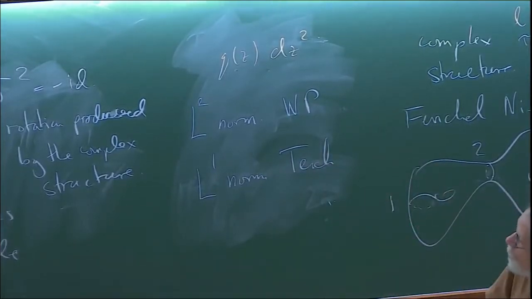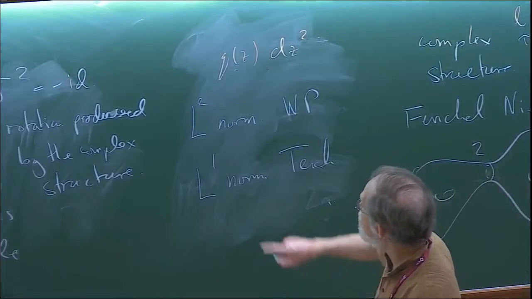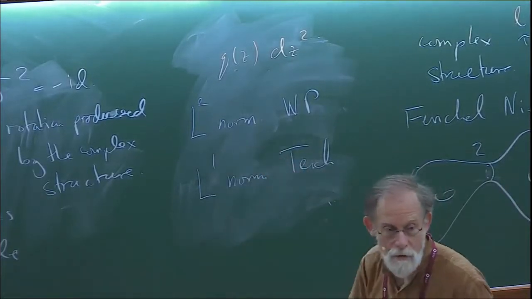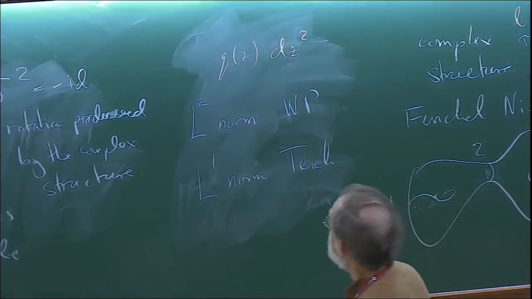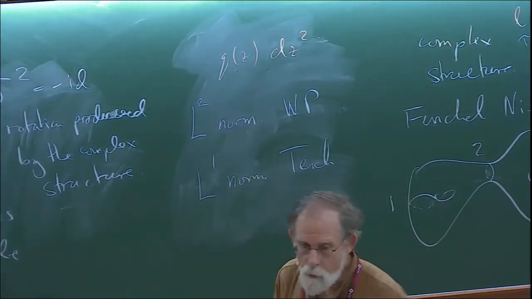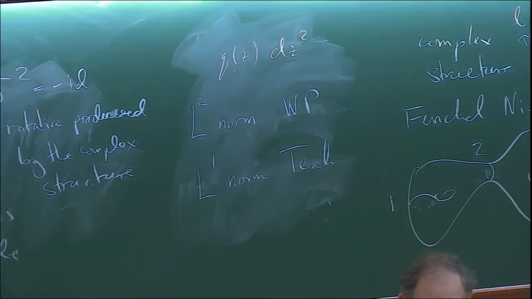And then if you switch over to thinking about the tangent bundle, the corresponding things that you do are still the L2 norm for Weil-Petersson, and it becomes the L infinity norm to get the Teichmüller metric. And seeing that this description matches up with Wolpert's description is what's in Wolpert's paper.